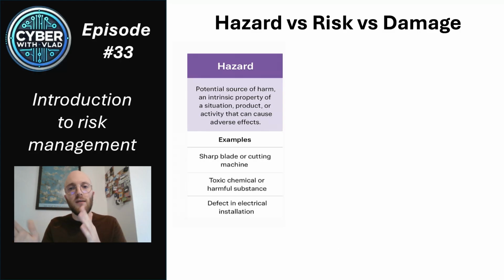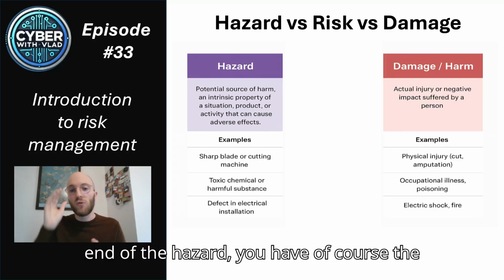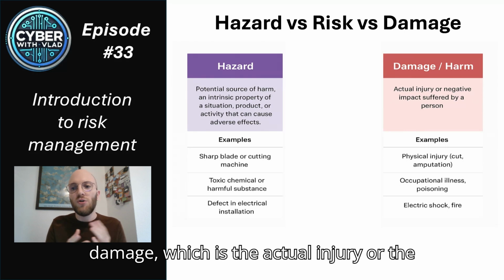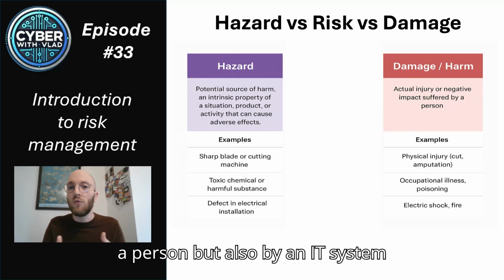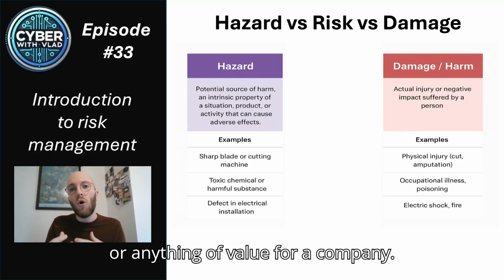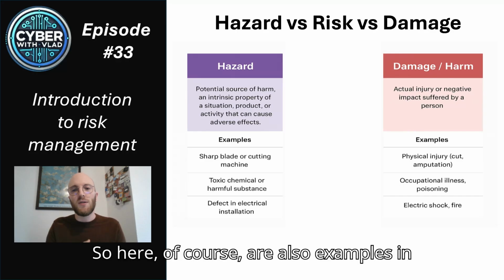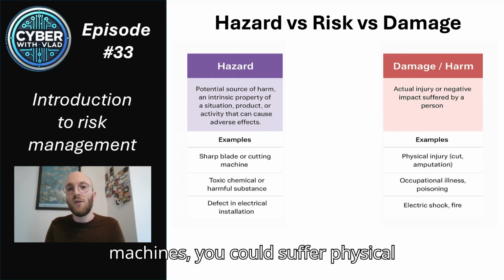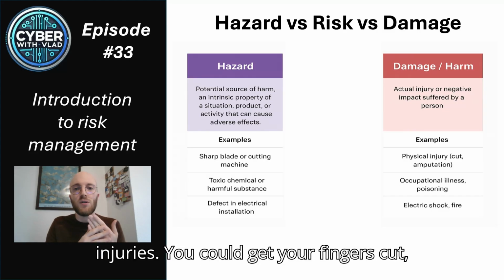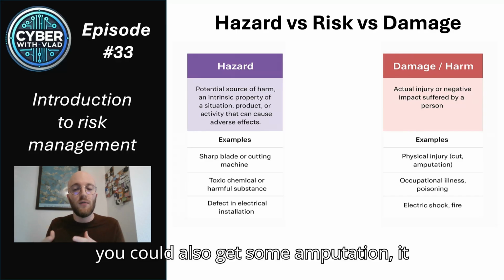On the opposite side of the hazard, you have, of course, the damage, which is the actual injury or the negative impact that could be suffered by a person, but also by an IT system or anything of value for a company. In the context of sharp blades or cutting machines, you could suffer physical injuries. You could get your fingers cut. You could also get an amputation.